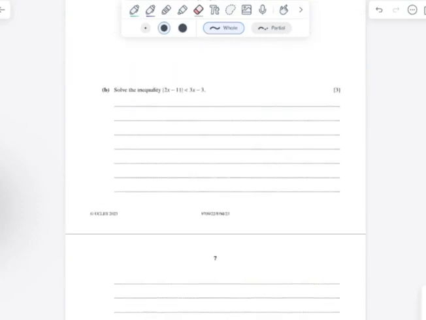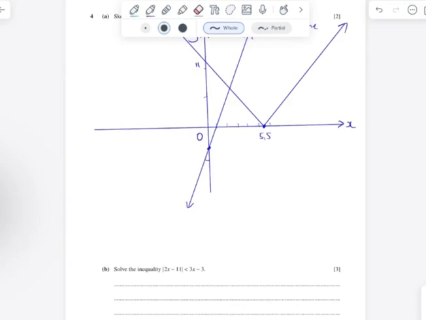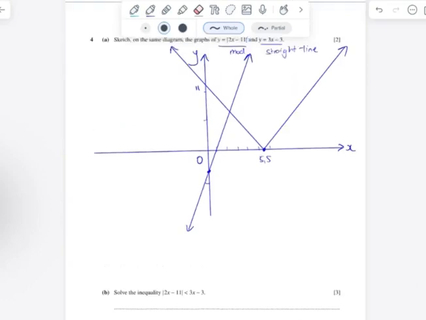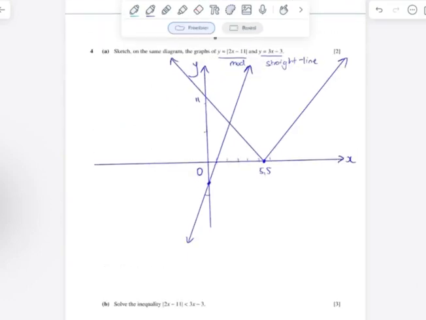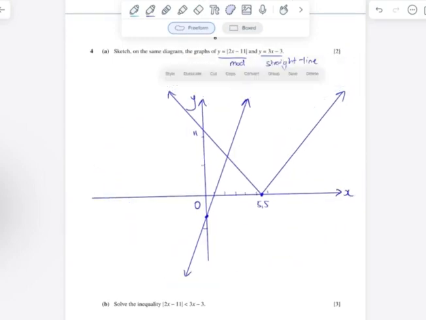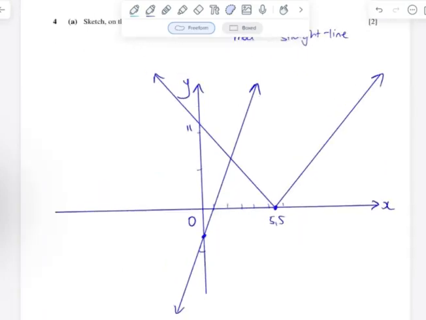What they say here is solve the inequality. Okay, so I now want to relate this to my graph. It's really cool if you can actually understand how these things relate. So where is the mod less than the straight line? If I'm looking at my graph, can you see over here, my mod is higher up than my straight line, for all of those values.